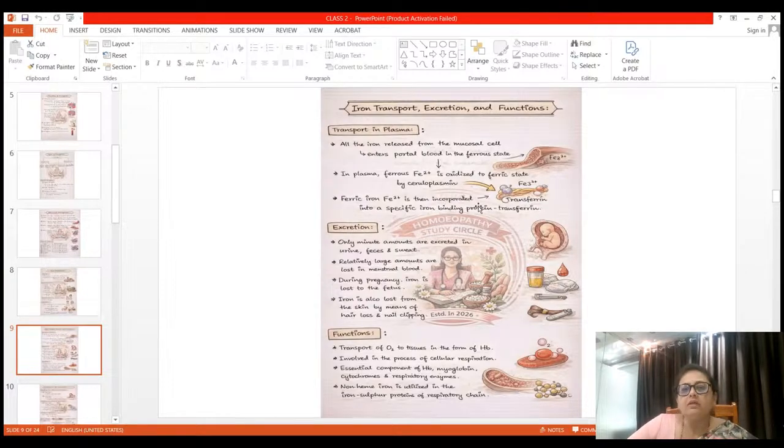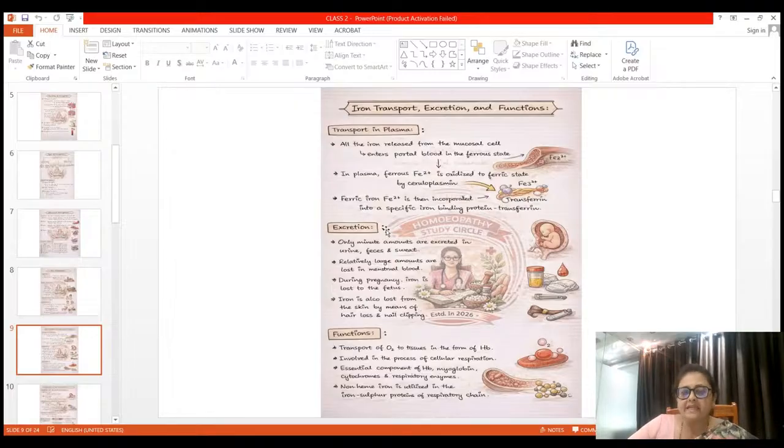This is how the ferric iron is readily picked up by bone marrow from blood. It goes to bone marrow because that is where hemoglobin is synthesized, that is where RBCs are synthesized. RBC contains hemoglobin, that is why the iron raw material is transported to the bone marrow.